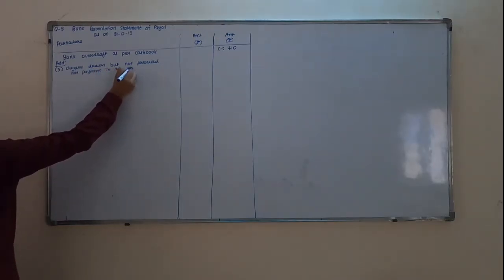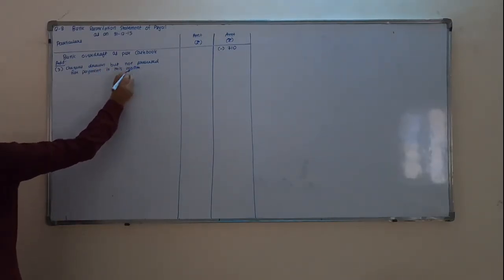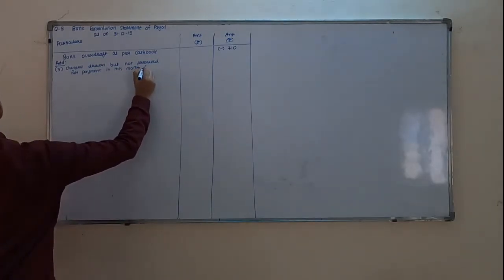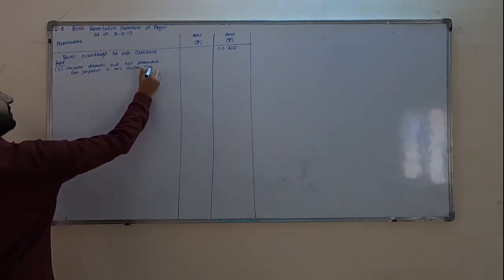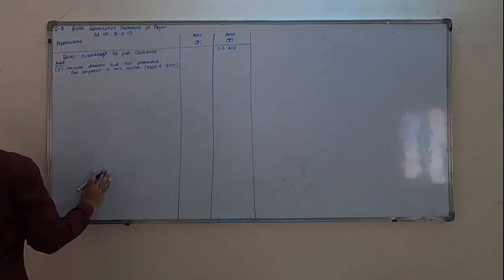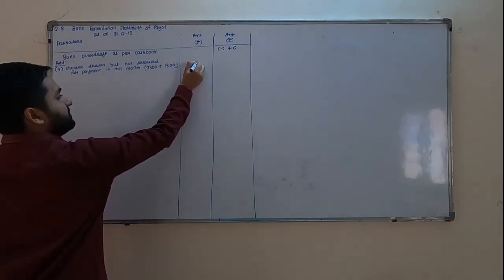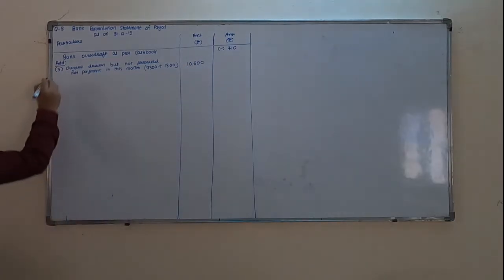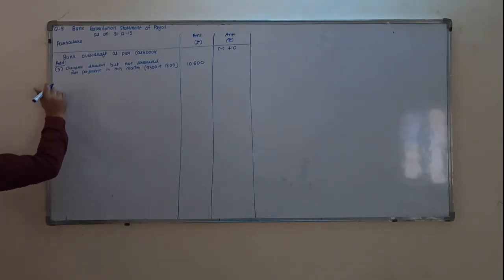We will clear it. Okay, in this month they are not being presented, and then checks are 9,300 plus 1,300, so it will be 10,600. Okay, now the next transaction which is to be added is number 4.